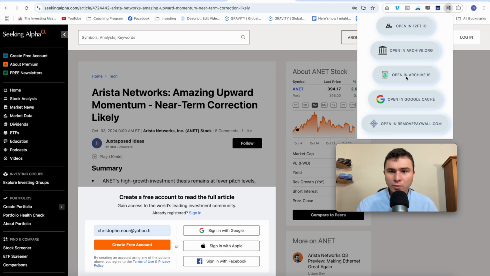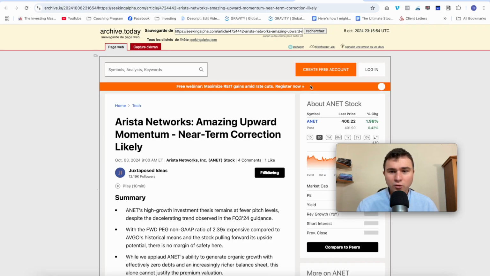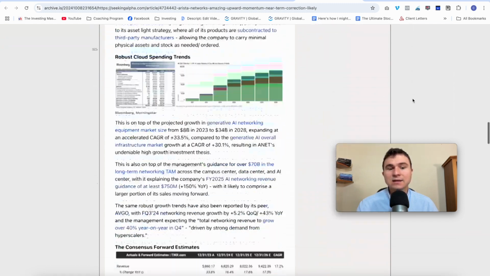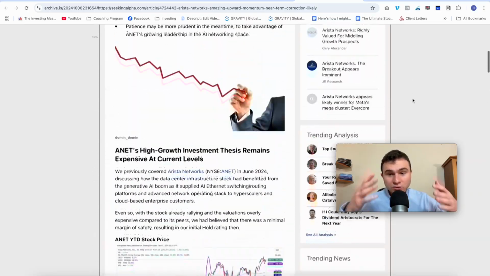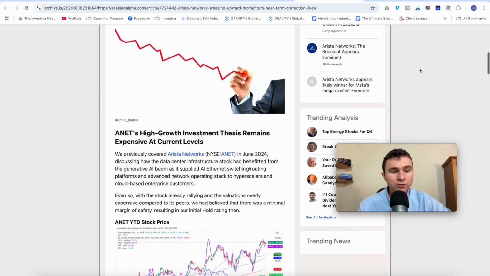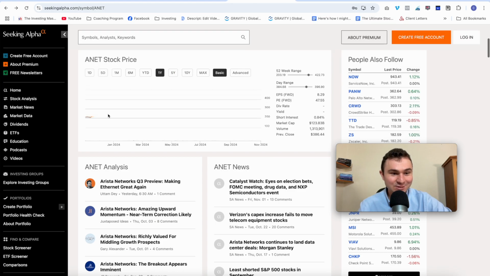I open it here, opening archive.is, and congratulations, you remove the paywall and you can access the article completely for free. So that's a quick hack for you, a cheat code for you. Do it, copy it, steal my Chrome extension.